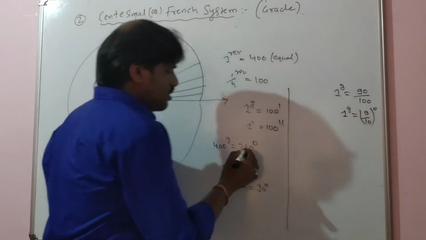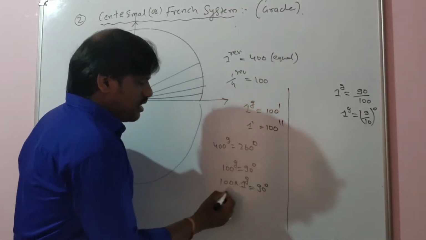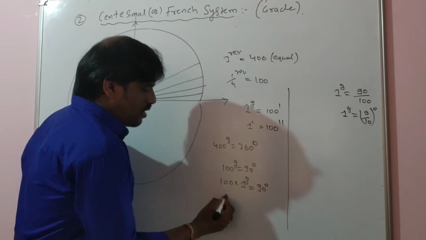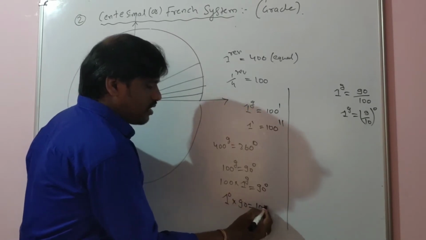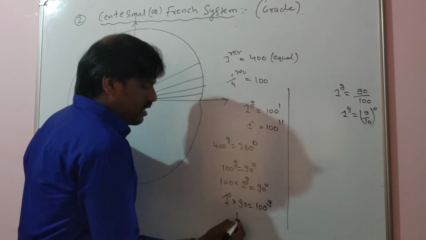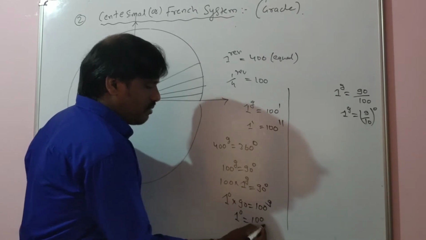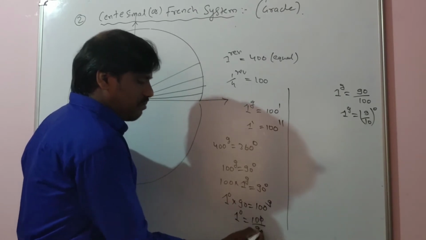One more thing: now in this way you can see how many grades one degree is. 1 degree is equal to 100 by 90, that is 10 by 9 grades. Because here 100 grades is equal to 90 degrees, I made this into 1 grade and got 90 by 100. In the same way, for 90 degrees, I divided by 90 and got 1 degree equal to 10 by 9 grades.